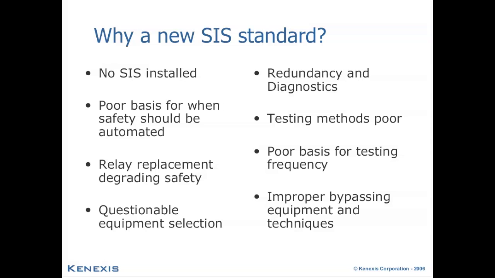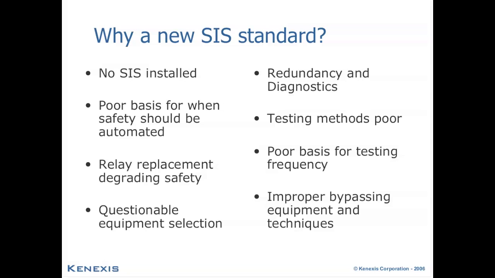When we look out across industry and see a number of different accidents and incidents that have implications in the area of safety instrumented system design, they fall under these general categories that range from accidents occurring because, or at least in part because, no safety instrumented system was installed, to poor design of those systems, poor testing of those systems to ensure they are properly functioning at all times, as well as a number of incidents that occur because of improper bypassing of equipment.